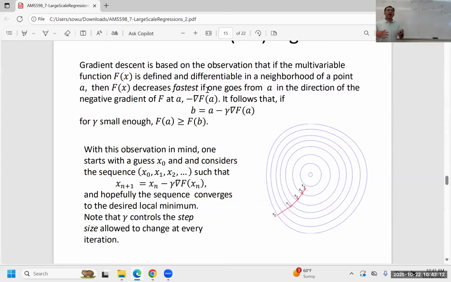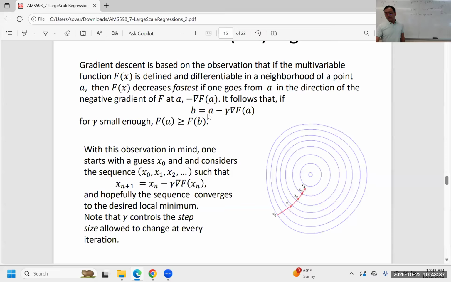If you want to maximize a function, it is equivalent to minimizing the negative of this function. So if you want to maximize L(beta), this is equivalent to minimizing negative L(beta), right? So these two things are identical.